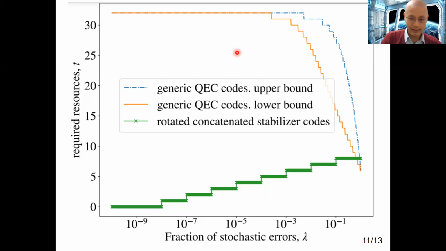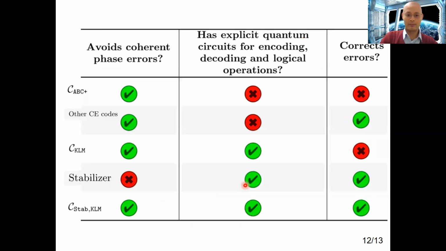So the message is that as long as the noise model is dominated by coherent phase errors, you can reduce the number of errors you need to correct by a huge amount. Instead of correcting 30 errors, all you need to do is correct, well, at most 5 errors. Because of this, you can use codes that are very short. Instead of using hundreds and thousands of qubits, you can maybe use just at most a few hundred, or maybe even less than 100 qubits.